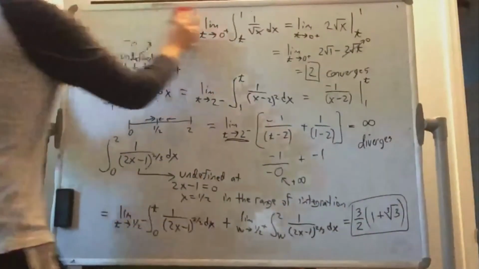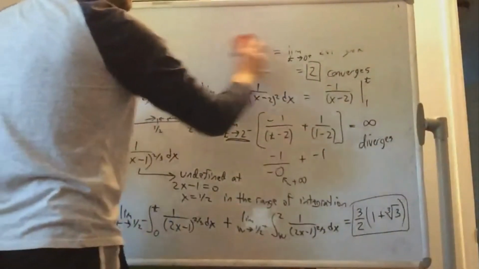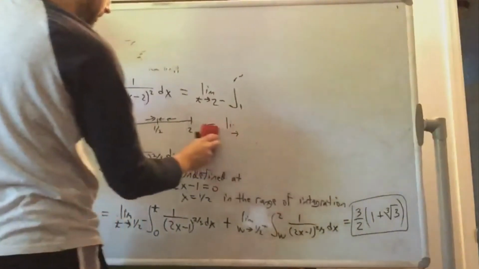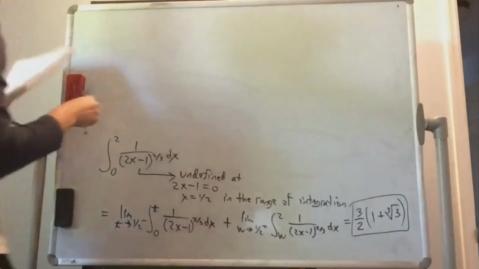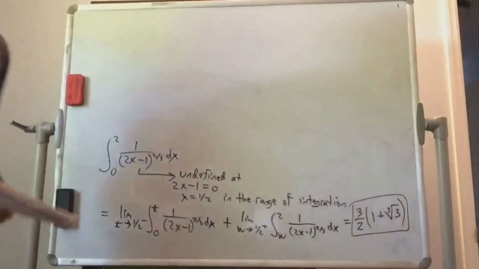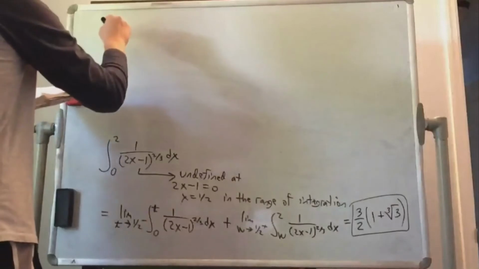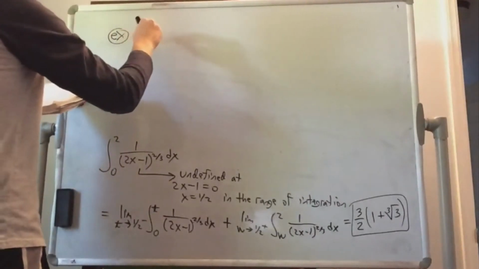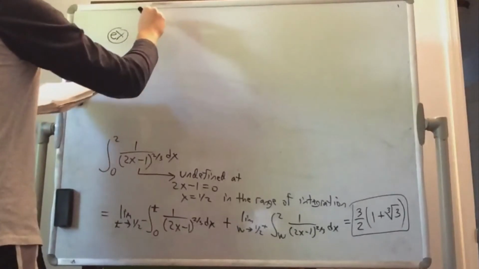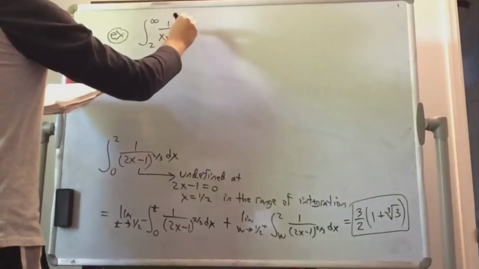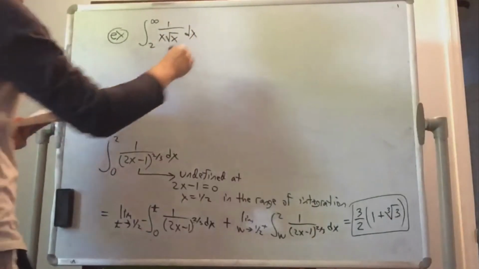Okay, so I'm now going to give you 2 problems to try that are a little bit easier than the one that I just wrote down. So you can really choose your own adventure here. You can do the 2 that I'm giving. If you want to work this one out and see if you can get to that answer, that's fine too. But for the purpose of learning how to do these improper integrals, I'd recommend doing these 2 first. 1 over x root x dx from 2 to infinity.